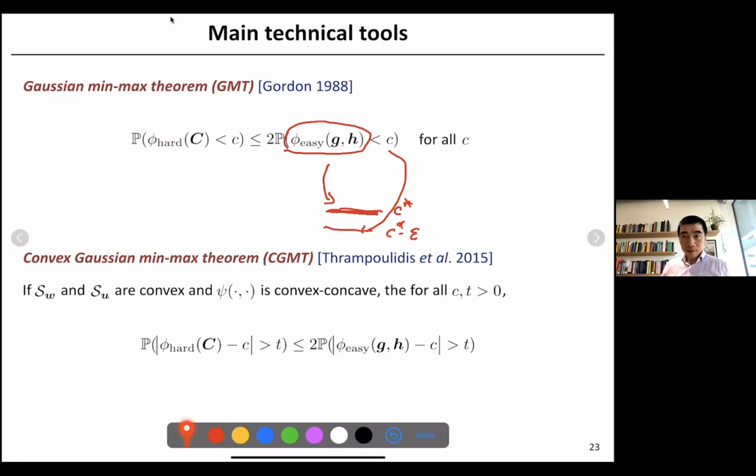But the nice thing is, if we were working with a convex problem, then you get to flip the direction of this inequality, and then you get the two-sided bound. This is just a very high-level view of the kind of technical tool that we use to analyze the Gaussian problem.